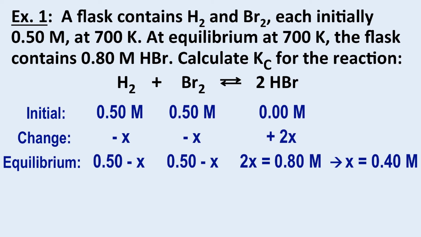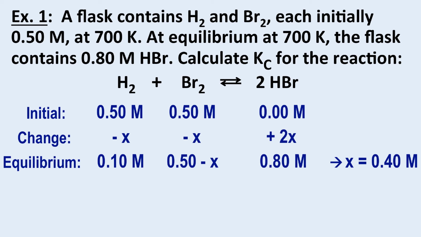And what this does is, not only do we now have the concentration of HBr at equilibrium, but we can figure out the concentrations of H2 and Br2 at equilibrium. So HBr is 0.80 molar, and H2 is 0.50 minus X, which is 0.40, so H2 is 0.10 molar at equilibrium.